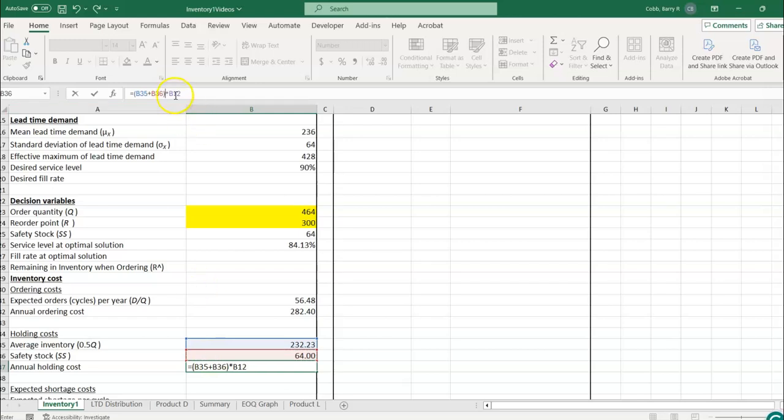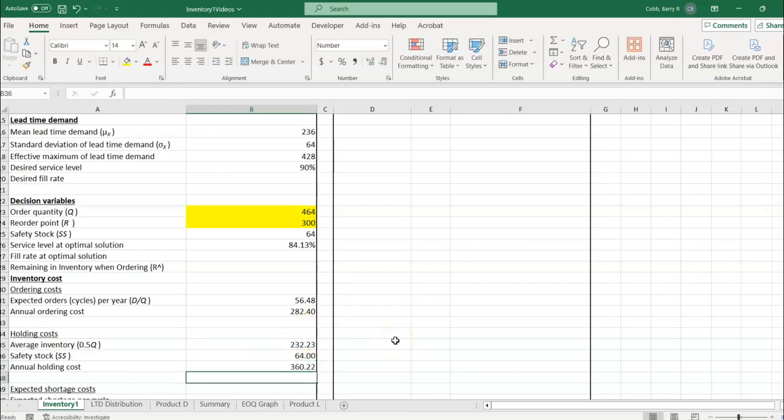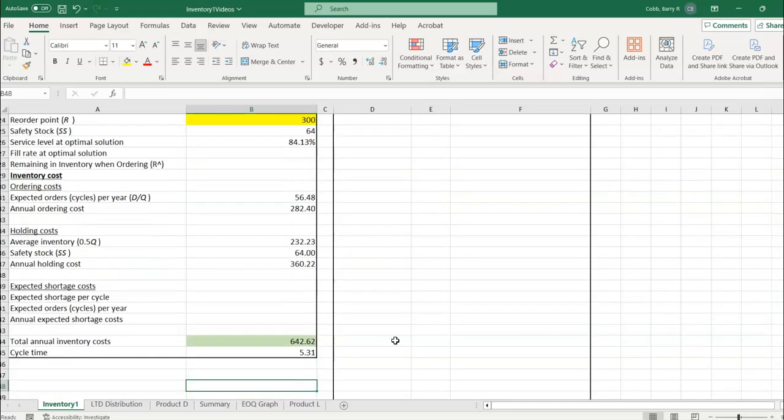So we'll multiply both of those times B12, which is the holding cost per unit. And everything else in our model can stay the same, because this annual inventory cost still references the total holding cost.